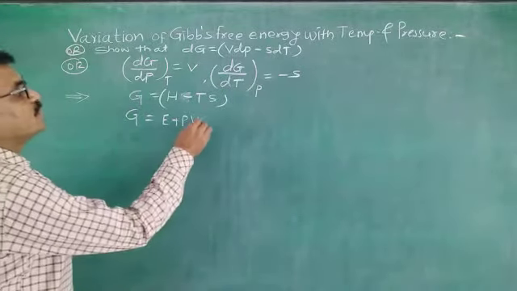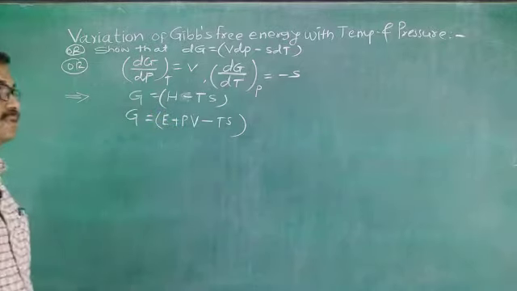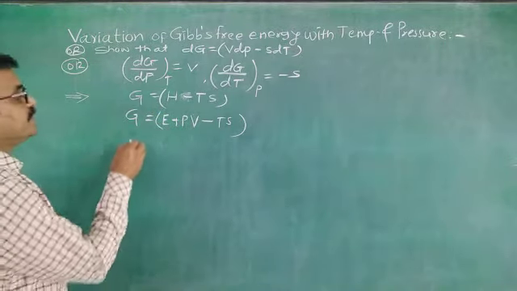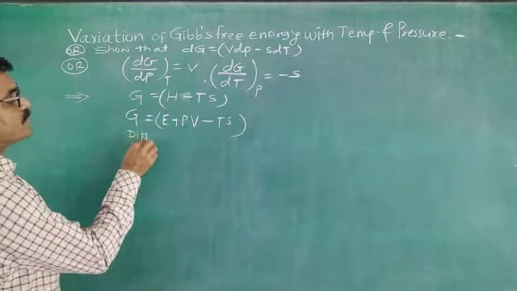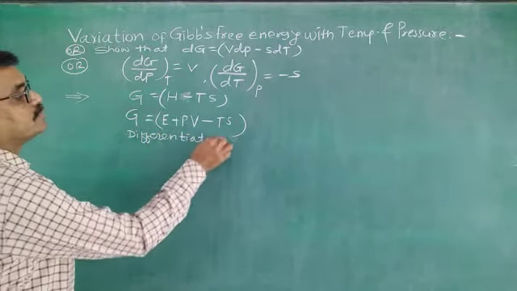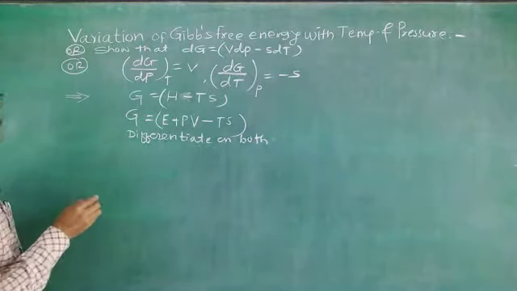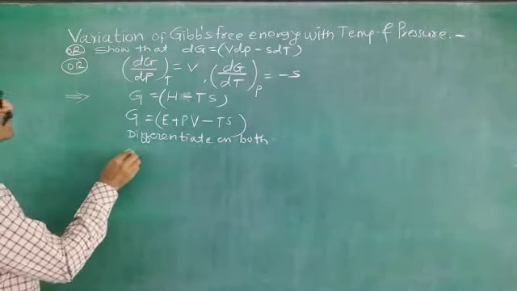Now putting this value, the remaining terms remain as they are. Differentiate this equation on both sides. Differentiation of G becomes dG.